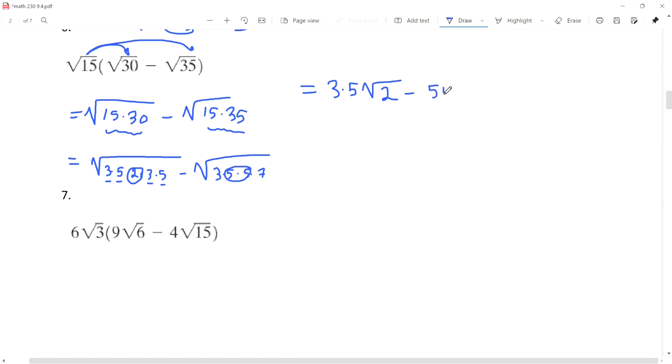So that goes out to the front. And on the inside, we're left with a 3 times a 7. Let's simplify the 3 times 5. That's 15. This is 15 root 2. And we can simplify the right side. This is going to simplify to 5 times the square root of 21.